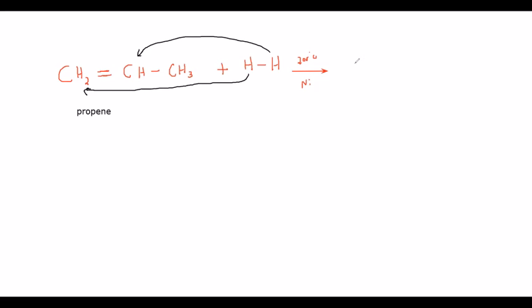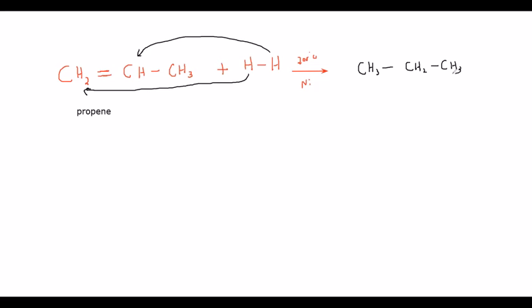So what will be the product? First it was having 2, but now it will have 3 hydrogen. So it will be CH3. The double bond will turn into a single bond. It will be CH2 and CH3.